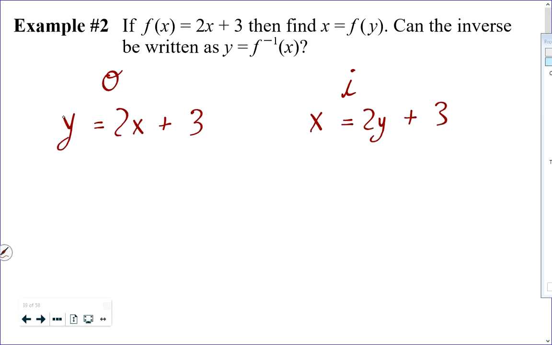In other words, if I switch x and y points on a grid, I can switch them all in the equation. This is the equation of the inverse. We want to write these in terms of y, so I can write 2y equals x minus 3, or y is equal to 1/2 x minus 3/2 by dividing everything by 2.